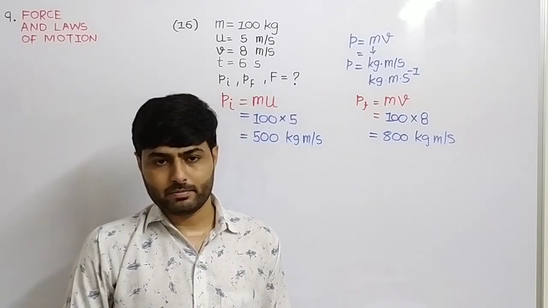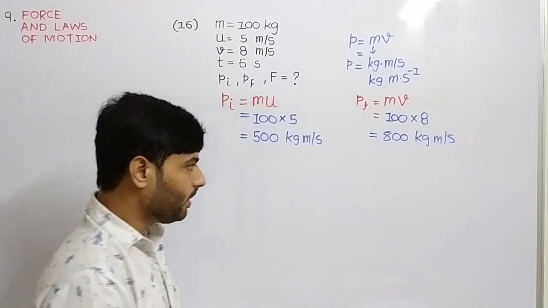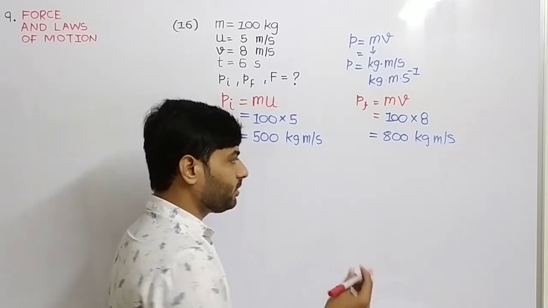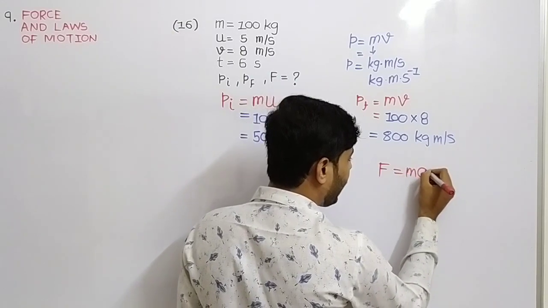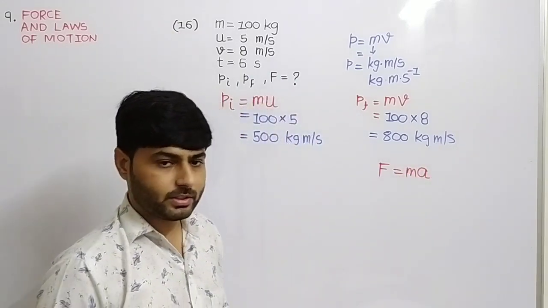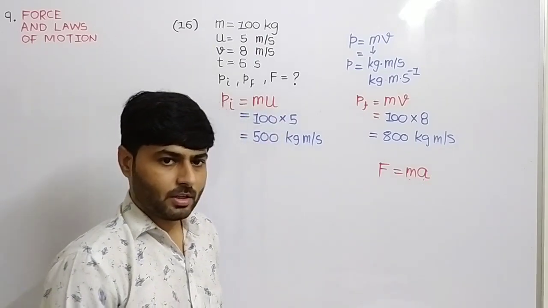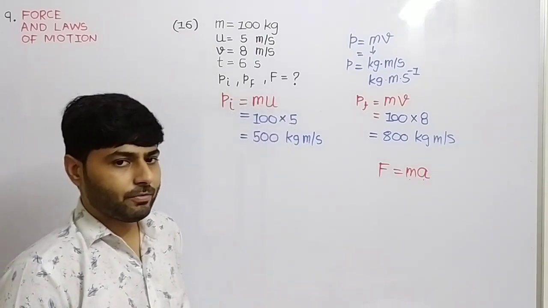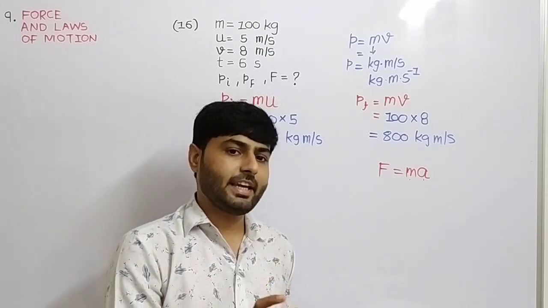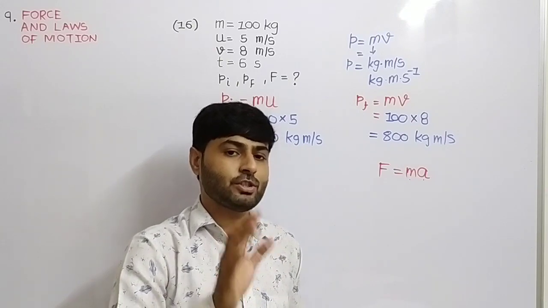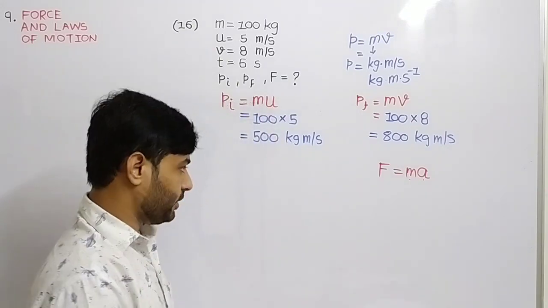Now my dear friend, we can find force in two ways. You know the formula for force by second law, that is F is equal to ma. For this we require mass and acceleration. But let me find force by the definition of second law, that is, force is the rate of change of momentum.